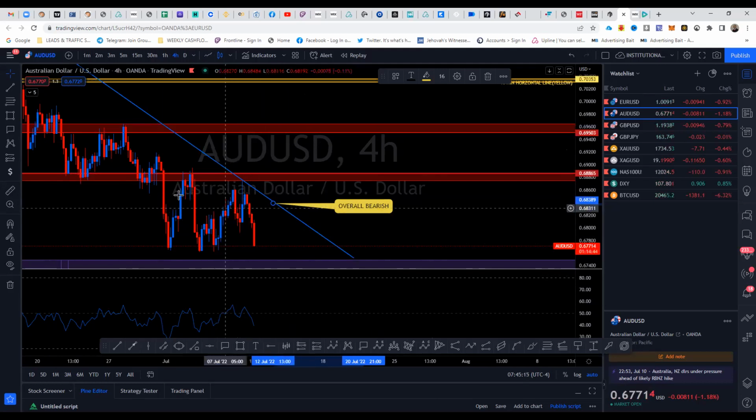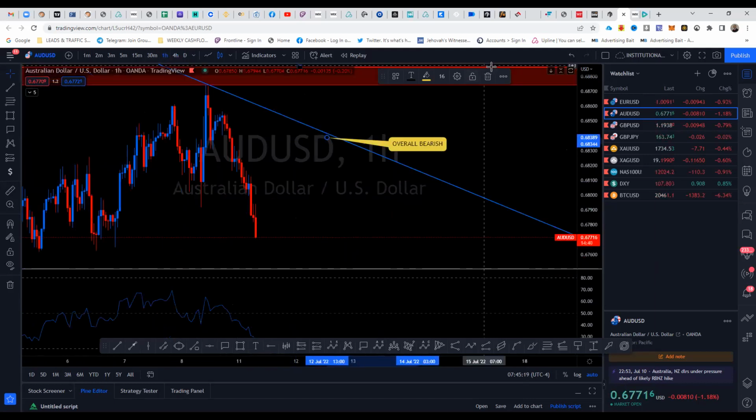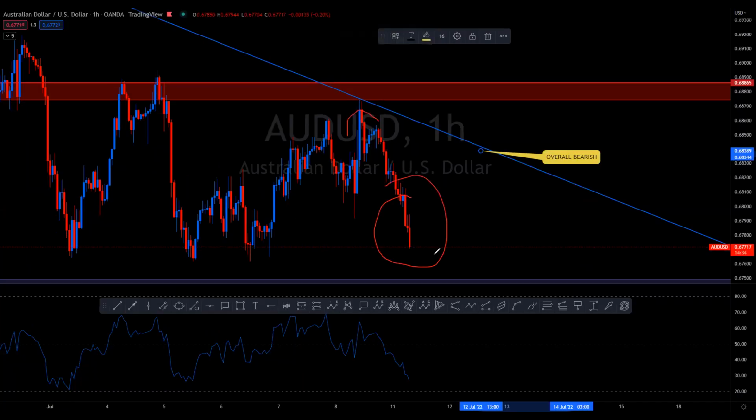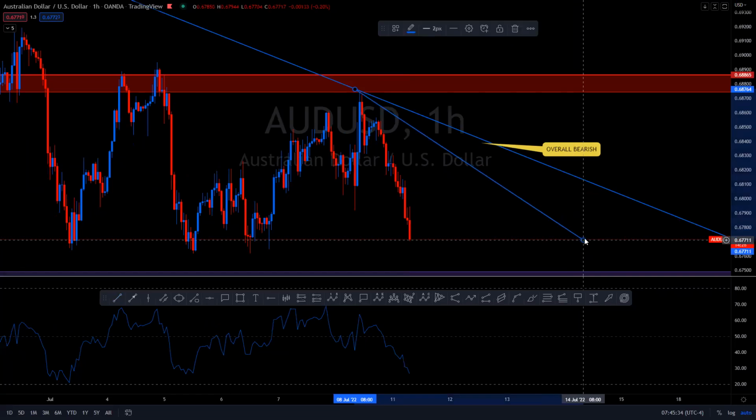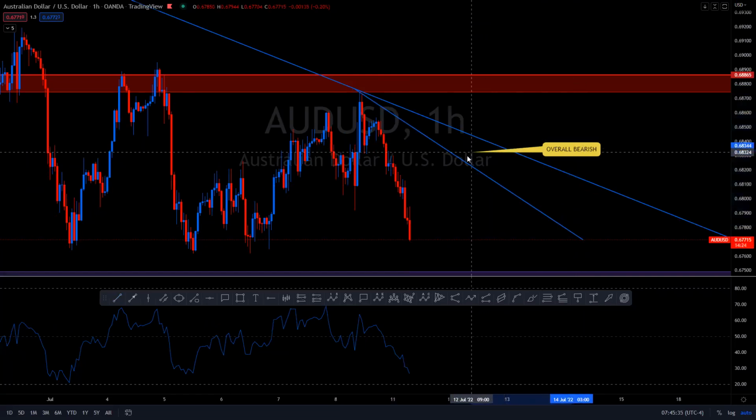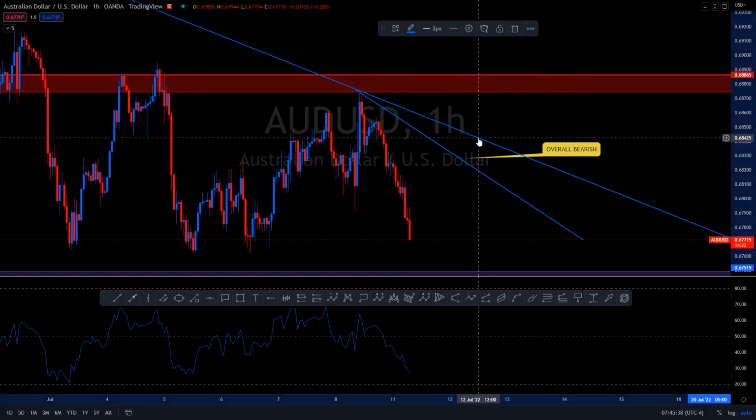Then that's going to confirm if we're going in the right direction. So let's go to the 1 hour. 1 hour still shows that bearish engulfing candle. So yeah, we're still bearish, okay? So we can even just draw a trend line here if we want to. And then we could just say overall bearish there, and then just erase this trend line.